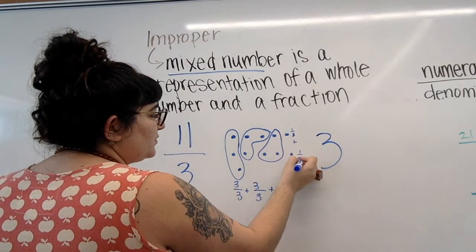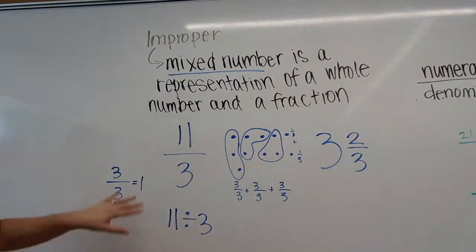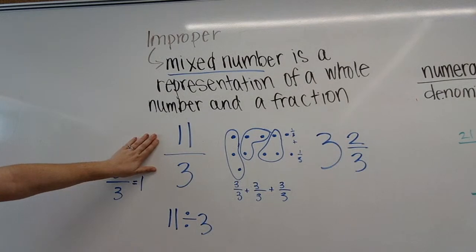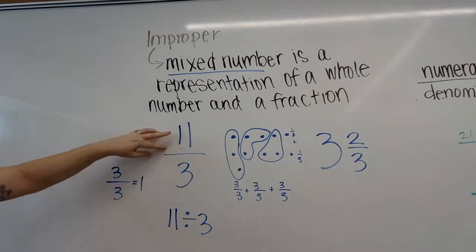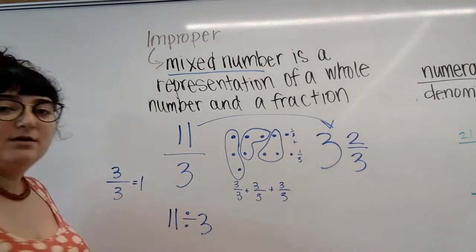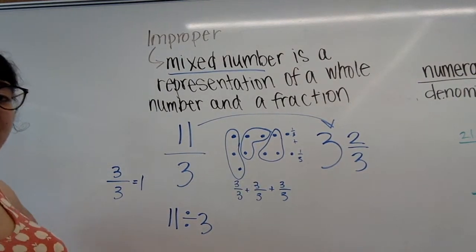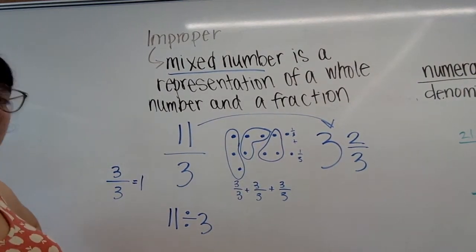We have 1/3 plus 1/3, which equals 2/3. We have now converted our improper fraction of 11/3 to a mixed number of 3 and 2/3.